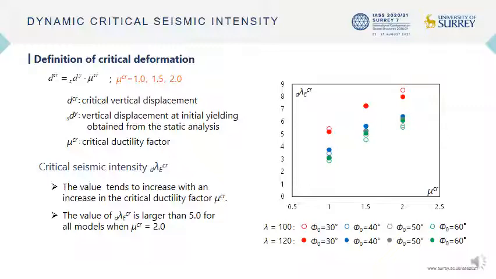This figure illustrates the critical seismic intensity dλE critical corresponding to mu critical. As shown in this figure, dλE critical tends to increase with the increase of the critical ductility factor mu critical. And when the critical ductility factor is 2.0, the critical seismic intensity exceeds 5.0 for all models.